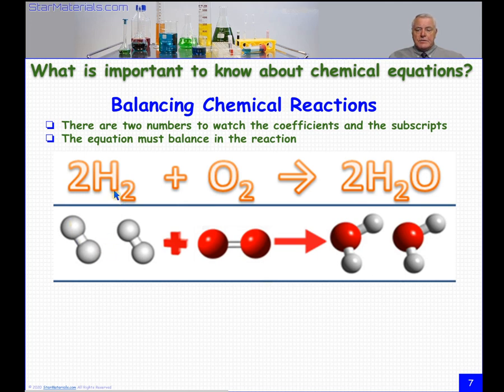Remember, hydrogen, here we are with the H, hangs out with a buddy. So they form a molecule, H2. Oxygen does the same thing, O2. So to balance this all out, we start with 2 oxygen, we have to end with 2 oxygen.